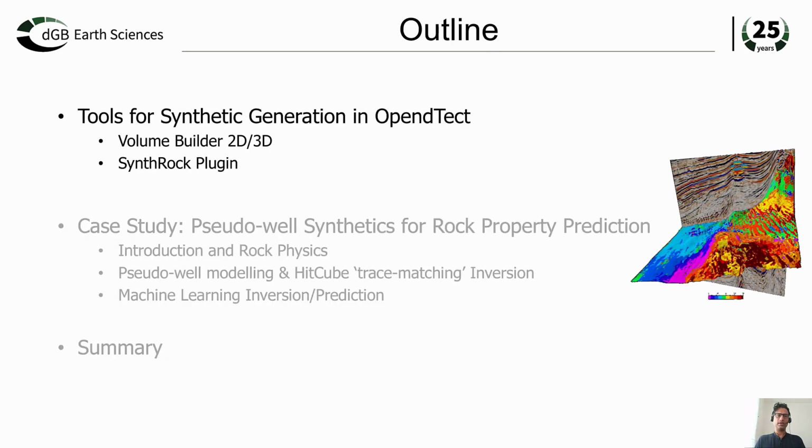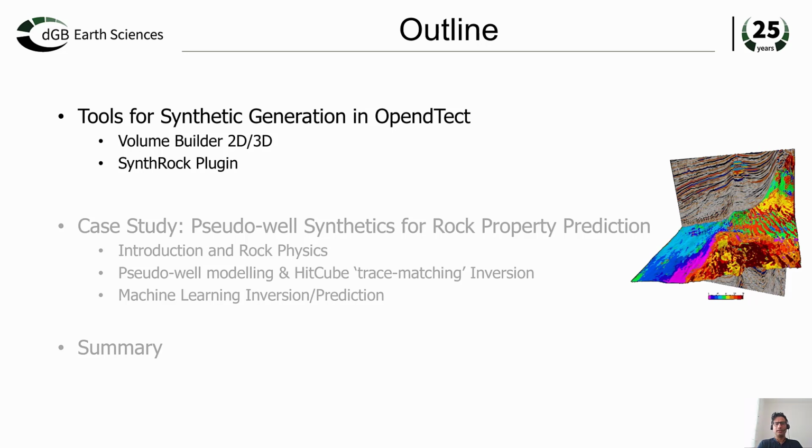So in this webinar, we are going to cover primarily the two main synthetic generation tools available in OpenDetect, Volume Builder and the SynthRock plugin. After having an overview of these two tools, we'll go over a case study where we are going to discuss application of the SynthRock plugin in generating pseudo-well synthetic data set for rock property prediction via two different methods.